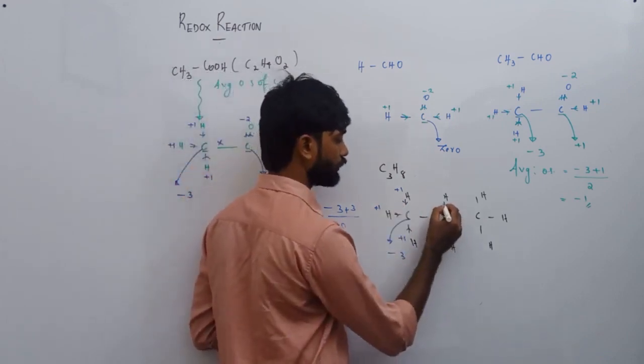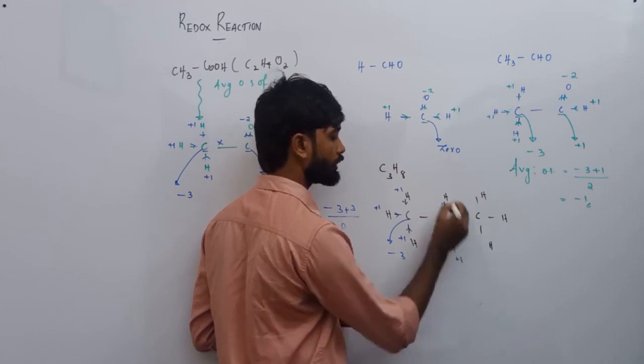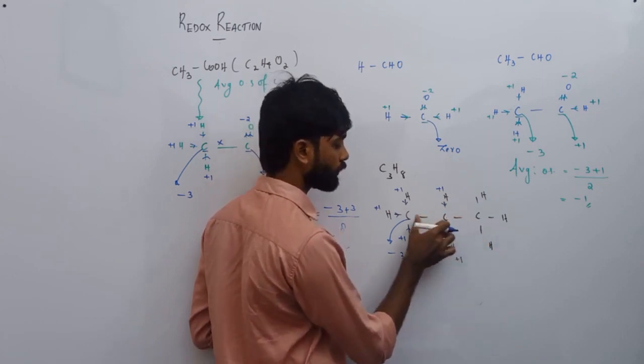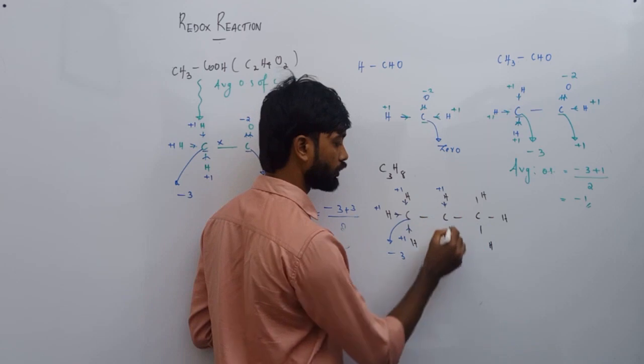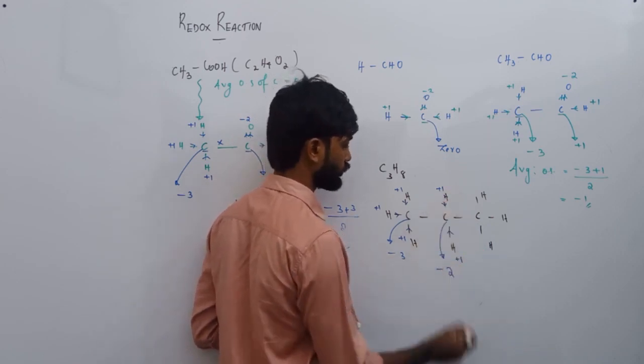From this carbon, electron density is like this. So hydrogen +1, +1. For this carbon, from the right there is no problem, from the left there is also no problem. So it is surrounded by 2 positive charges, +1, +1, so it has to offer -2.